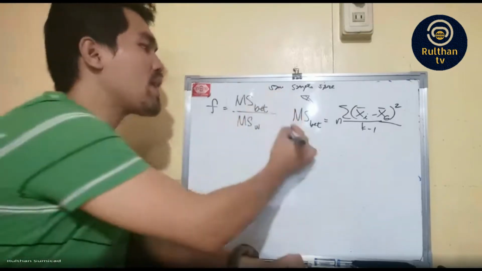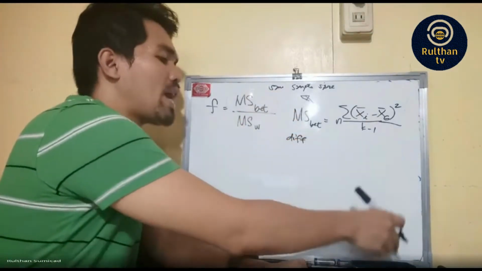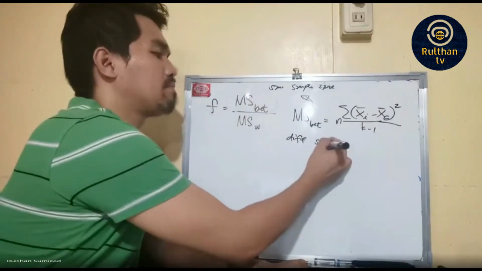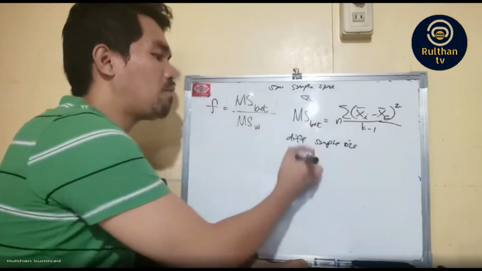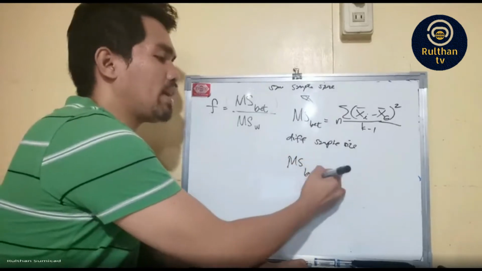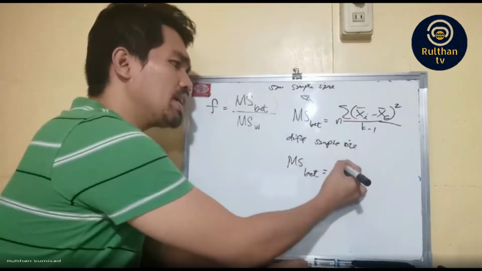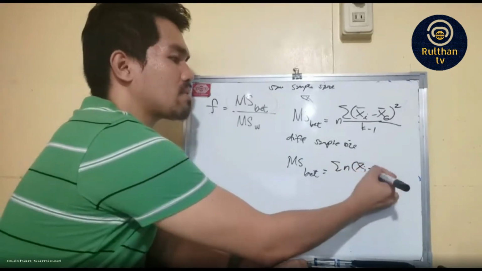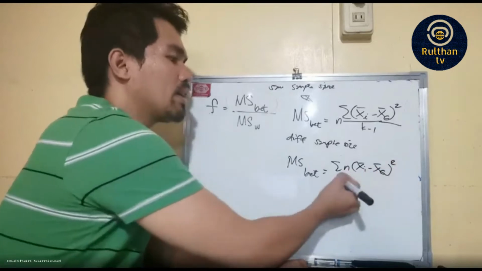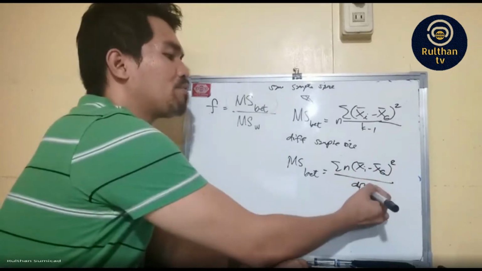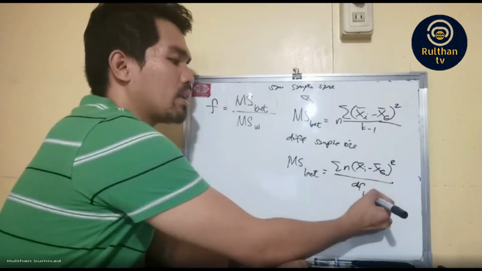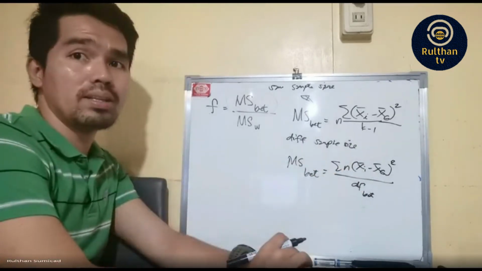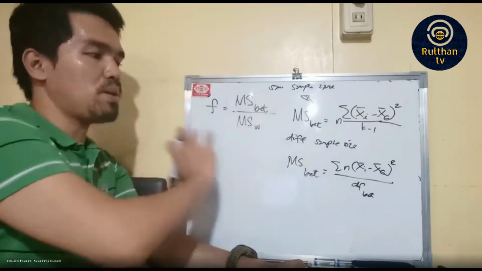But if different sample size, our MS between is simply the summation of n sub i times x bar sub i minus x bar g squared, divided by the degree of freedom between. Remember, k minus 1 is the degree of freedom between, right, as in our formula earlier.